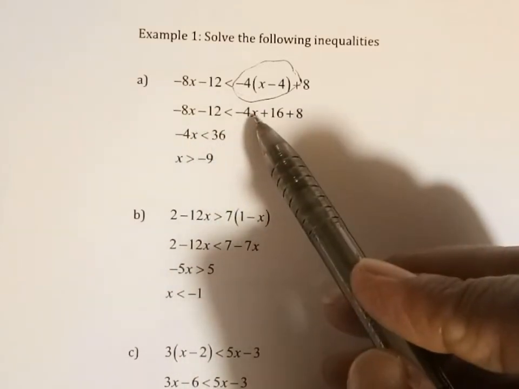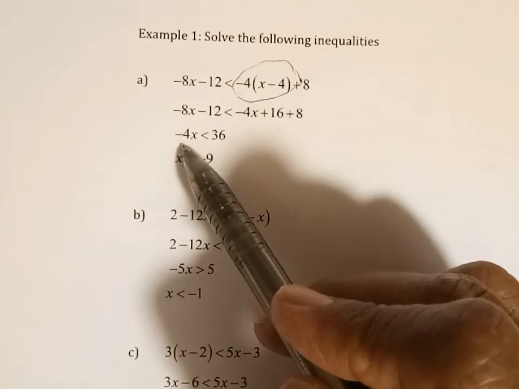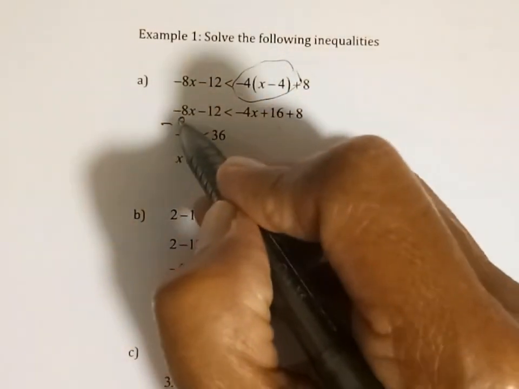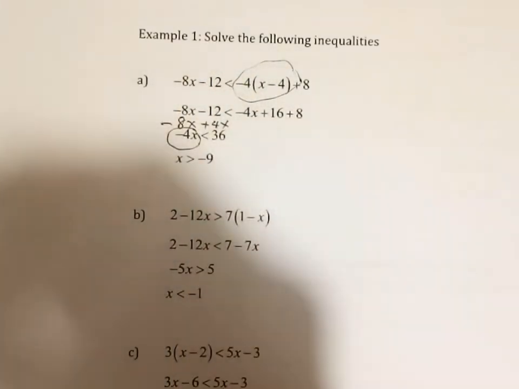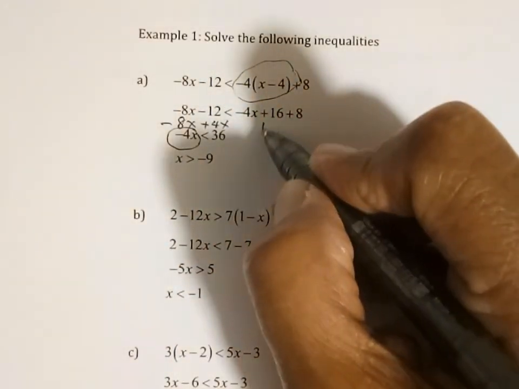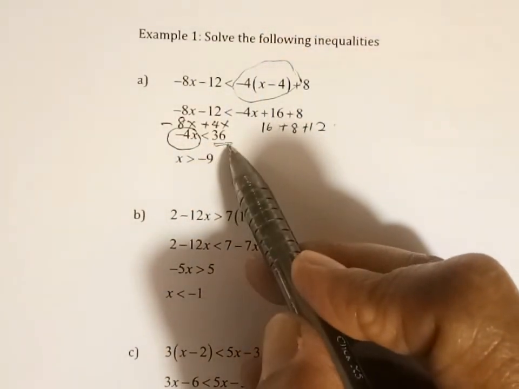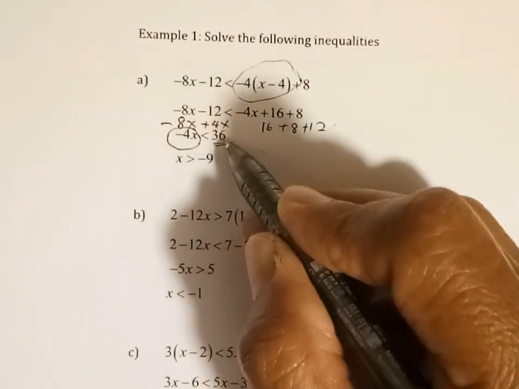Then bring all coefficients of x to the left side, so it becomes minus 8x plus 4x, which is minus 4x. On the right side is 16 plus 8 plus 12, so it becomes 36.